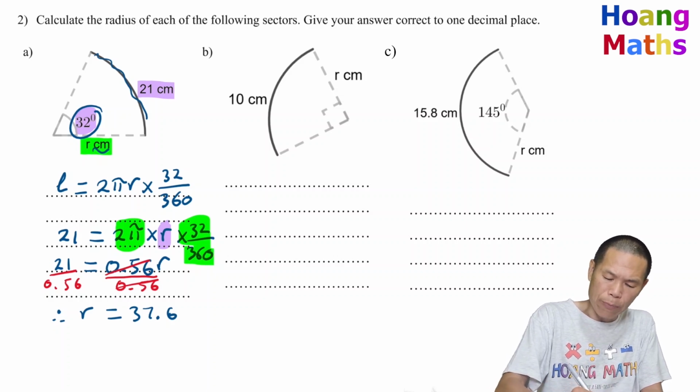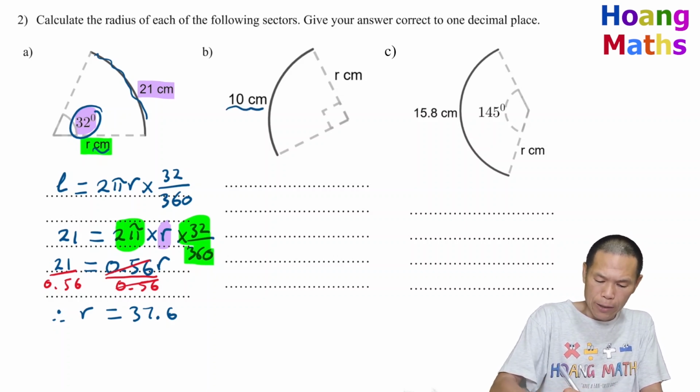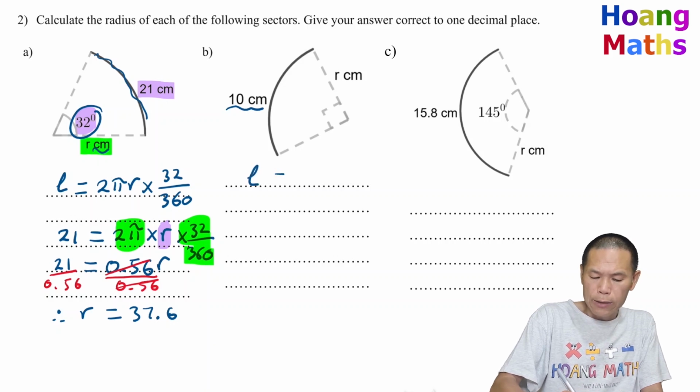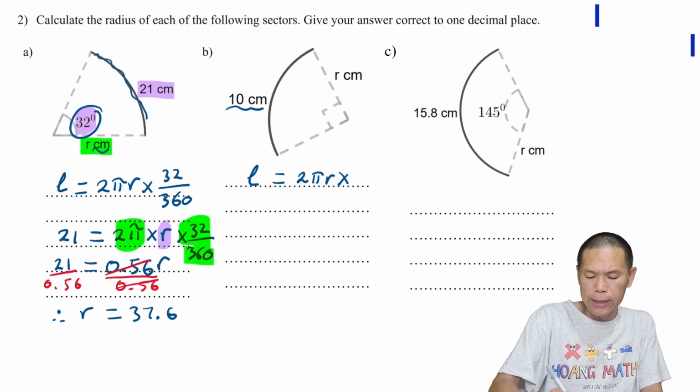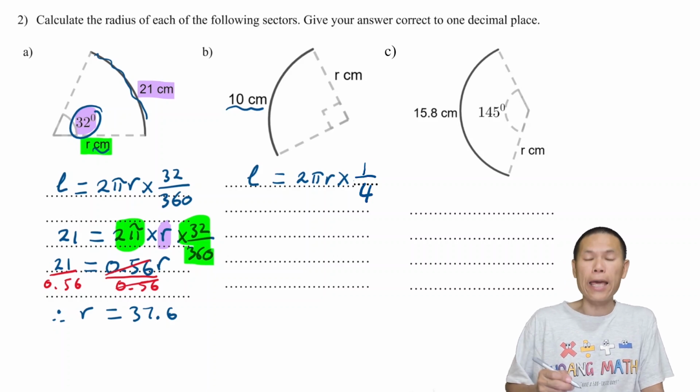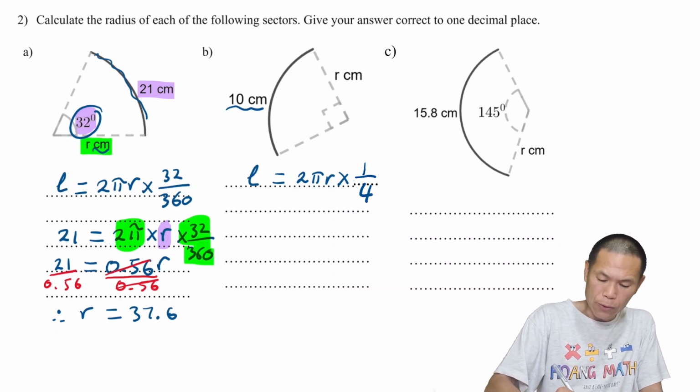So we know that the arc length here is 10. So we know that the rule is 2 pi r, and we times by the angle, that is 90 degrees out of 360, or we just type a quarter. That would do. And the arc length is 10. So let me just write this down.